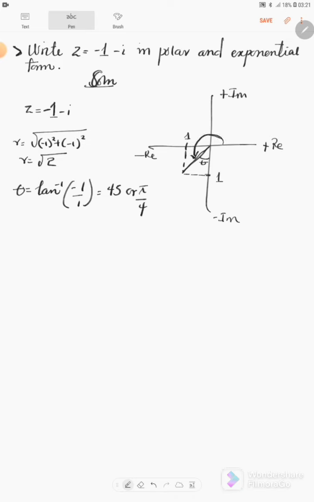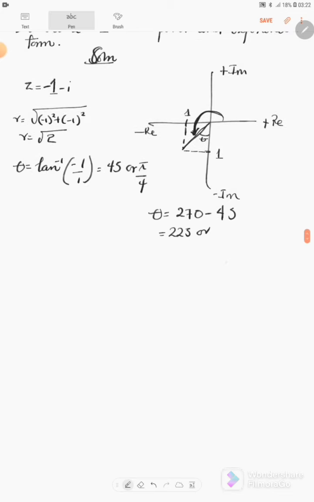Let's not forget, people, because it's in the 3rd quadrant, our theta will be 270 minus 45, giving us 225, or taken into radians, 5 pi over 4. Whoa, that's 5 pi over 4.